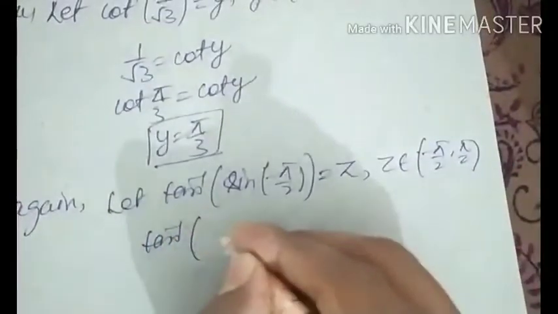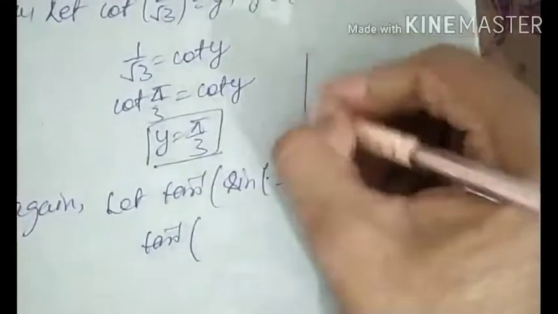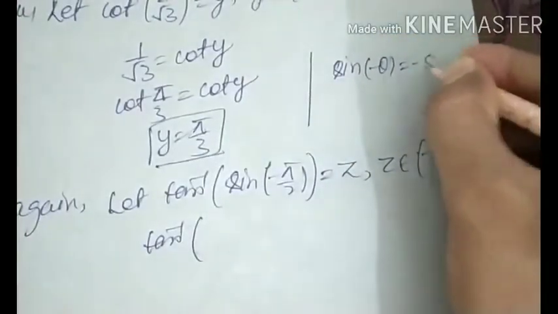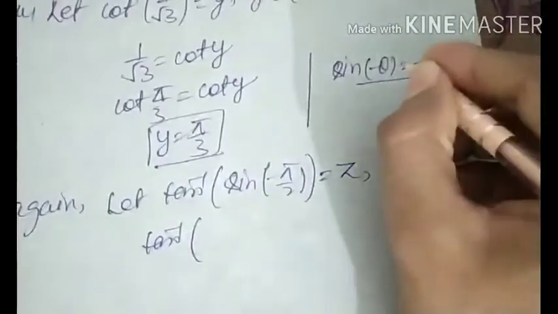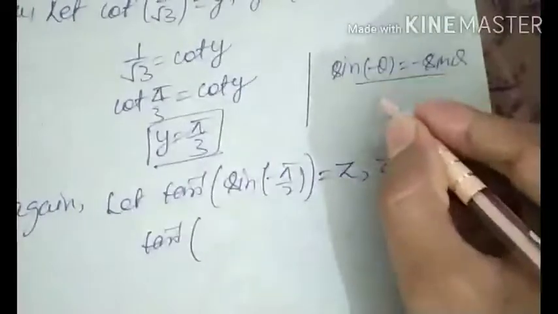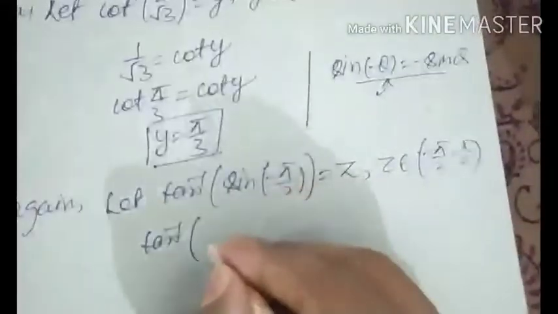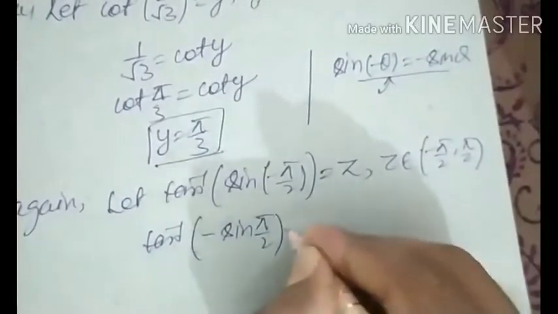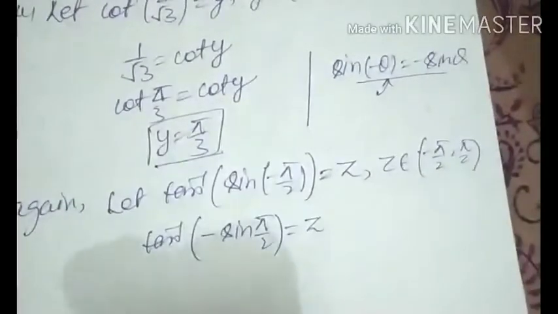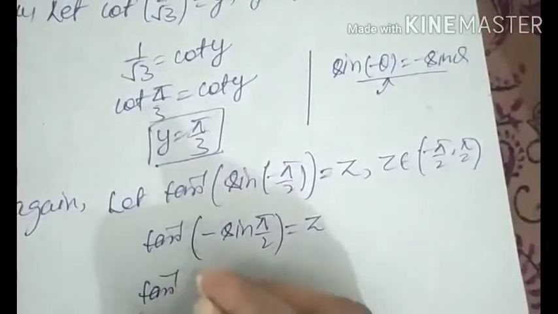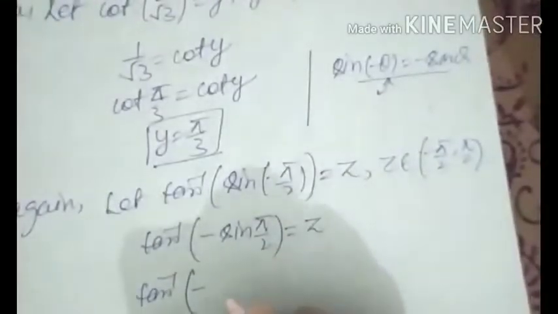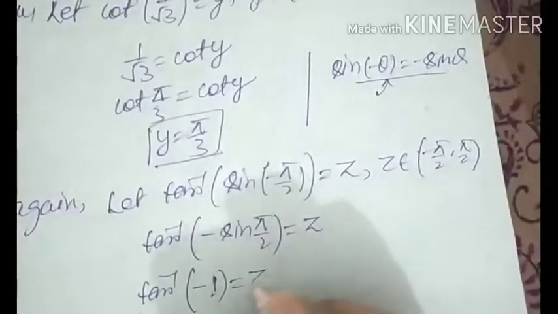The formula is sine of minus theta is equal to minus sine theta. With the help of this formula we can write minus sine pi by 2 is equal to tan z, and sine pi by 2 is 1.